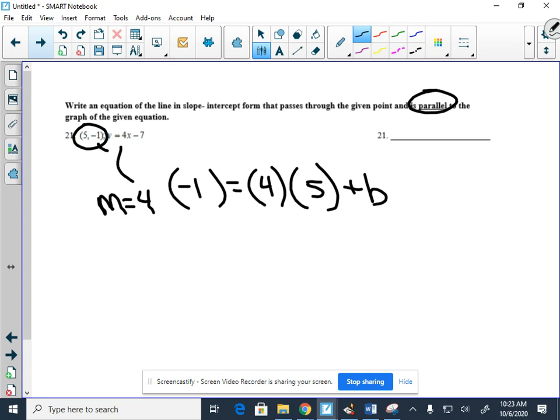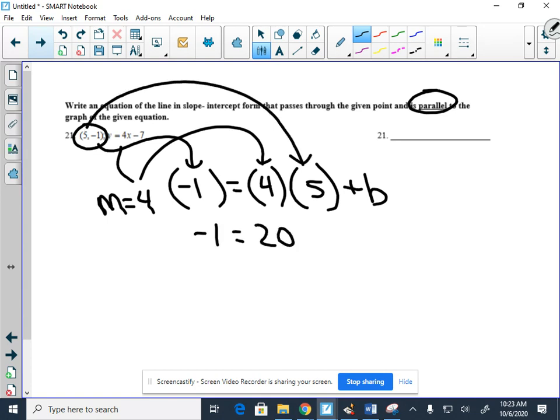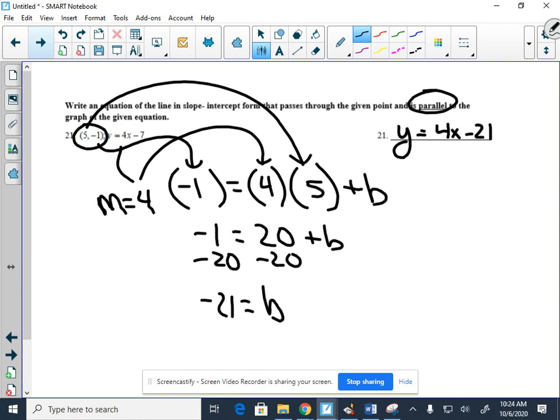I took the y, I put it in. I took the m, I put it in. I took the x, which was 5, I put it in. -1 equals 20 plus b. I'm going to subtract 20. B is -21. So y equals 4x minus 21.